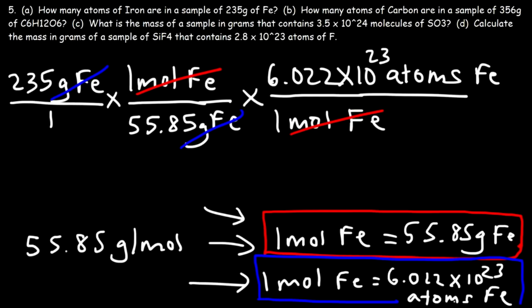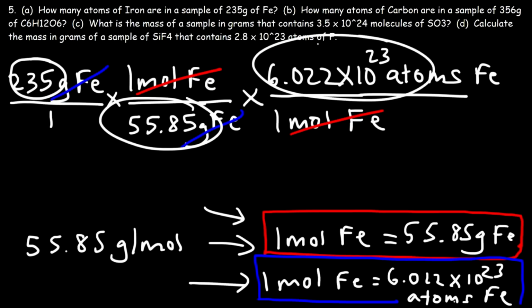So now, let's perform the calculation. What we're going to do first is take 235 and divide it by 55.85. Go ahead and type that in. So you should get, at this point, 4.2077. And then take that result and multiply it by this number.